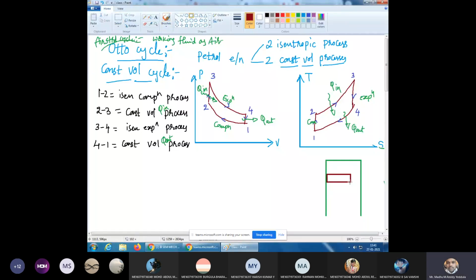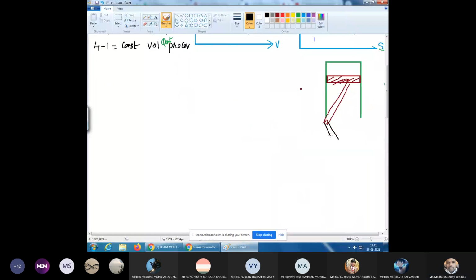Let us assume this is the piston cylinder arrangement. This is my piston. Listen carefully. This is the connecting rod, and this is the crank. Always the crank rotates, and the piston reciprocates, and the connecting rod oscillates.